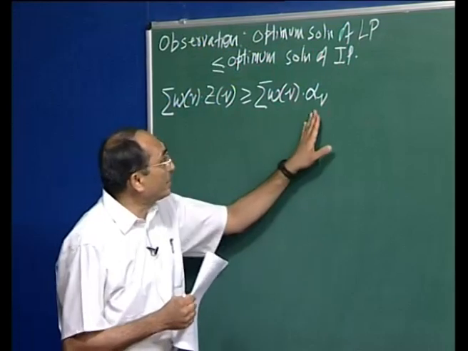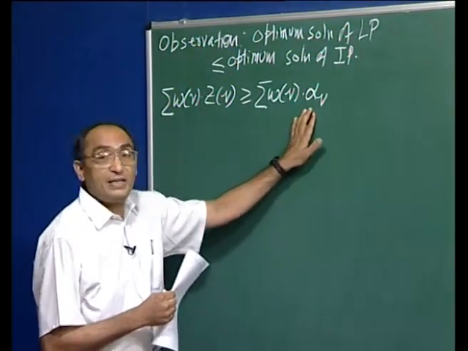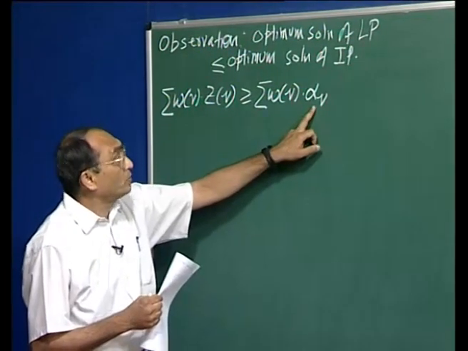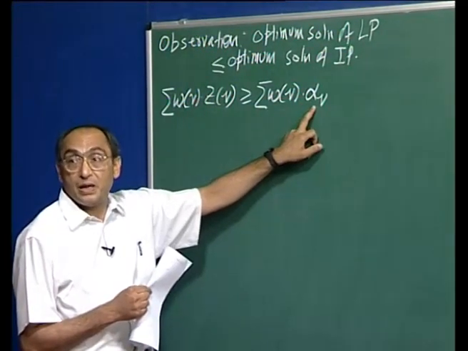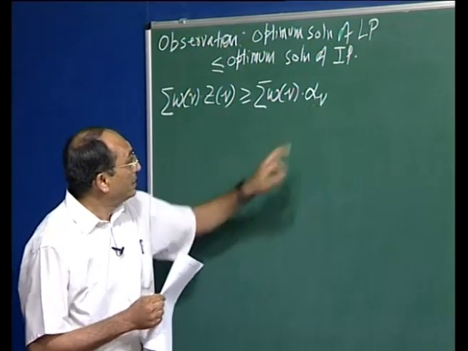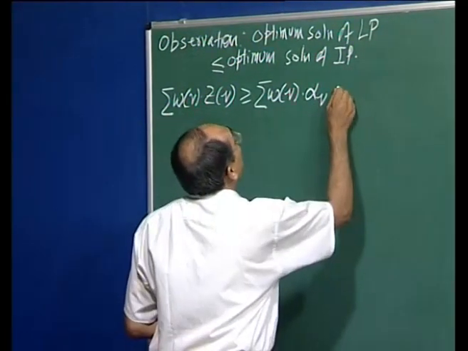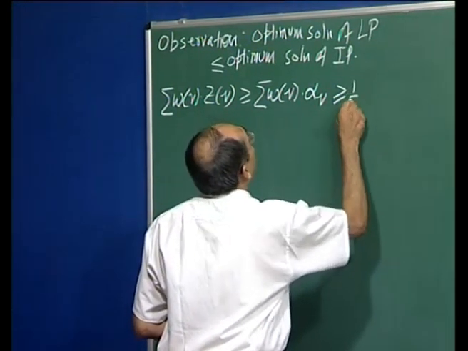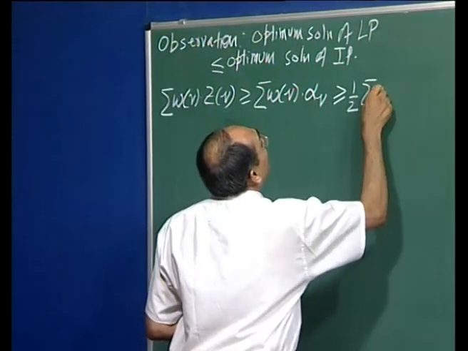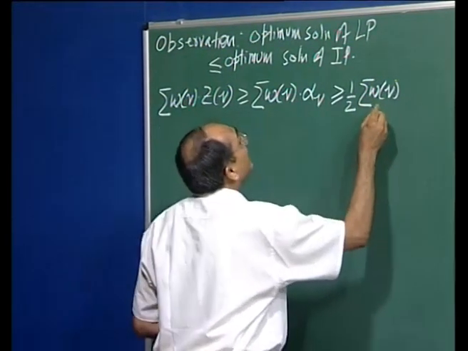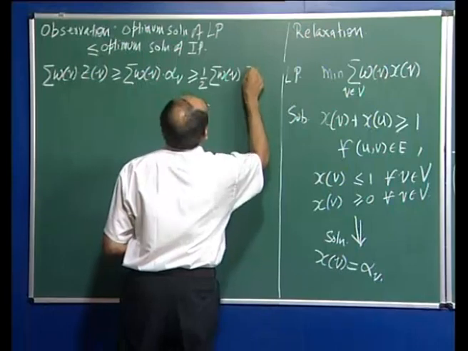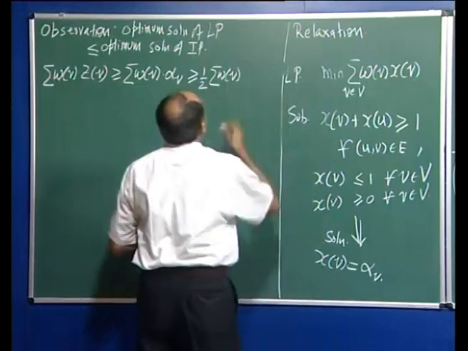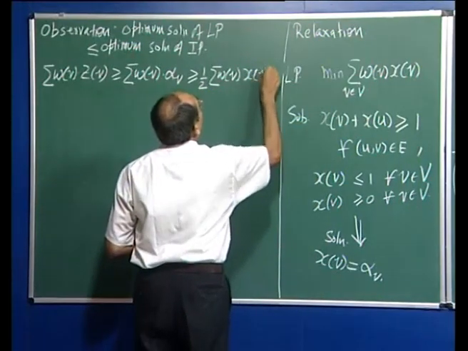Now let us go back and recall what we did: we picked those vertices which had this value greater than or equal to half. So this is greater than or equal to 1/2 of sum WV, rather it's not Z, it was X V bar.